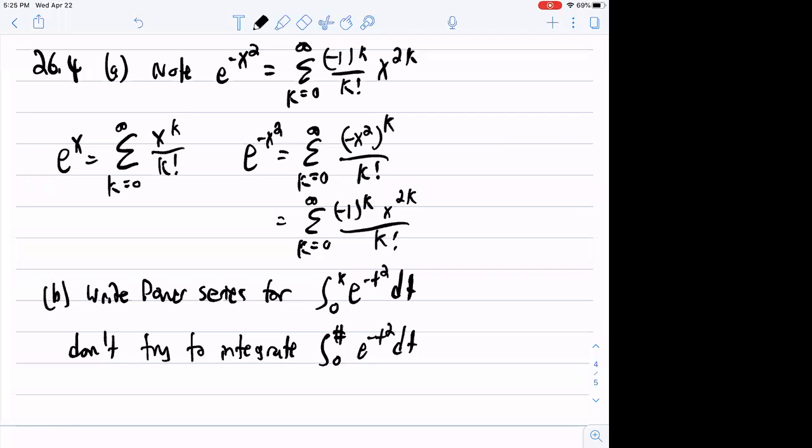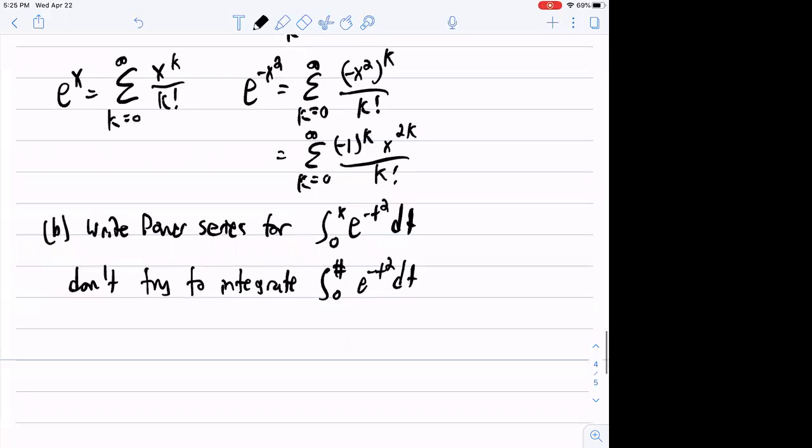It's pretty much impossible with single variable calculus. You will need multivariable. So I'm saying we don't know the value. It turns out the value is like root pi, I forgot. Anyhow, we just want the power series. So the integral from 0 to x.